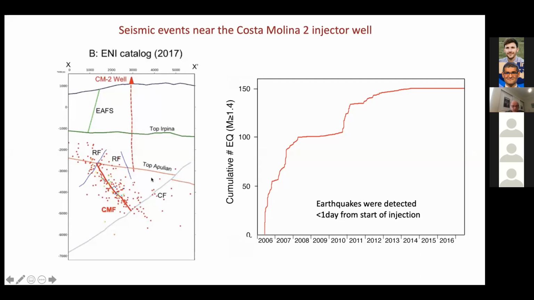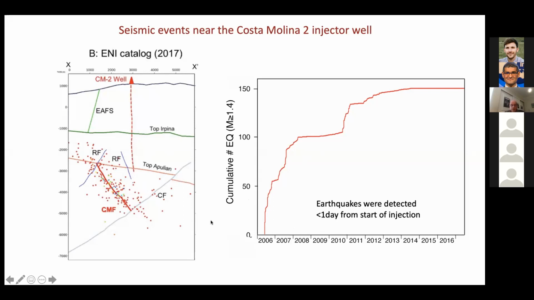The Apulian is the producing formation here, and above that is the Irpina formation, which forms the cap rock, and that's the top of the Irpina there. And this is a cumulative seismicity versus time for magnitude 1.4 and larger earthquakes.